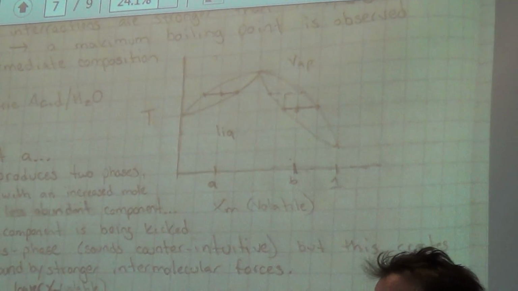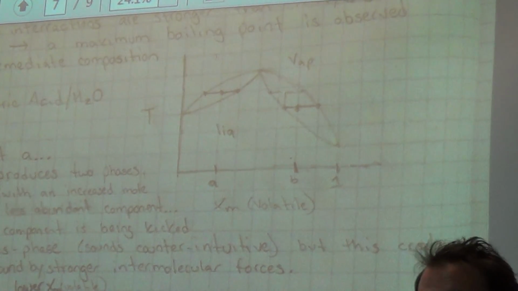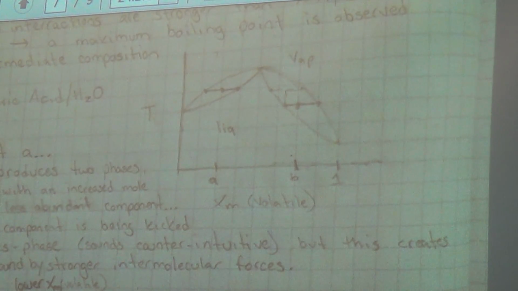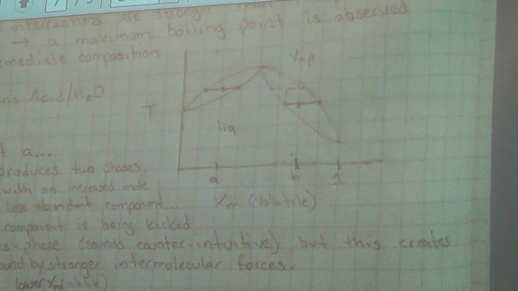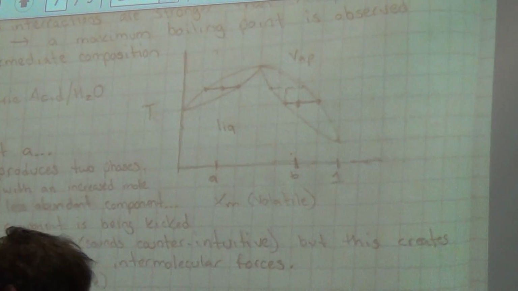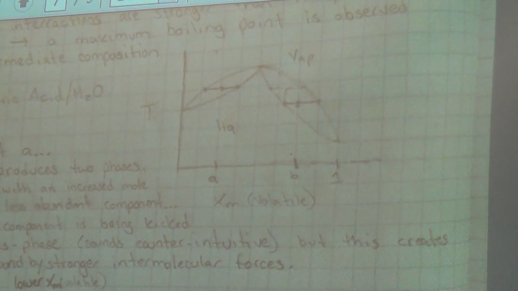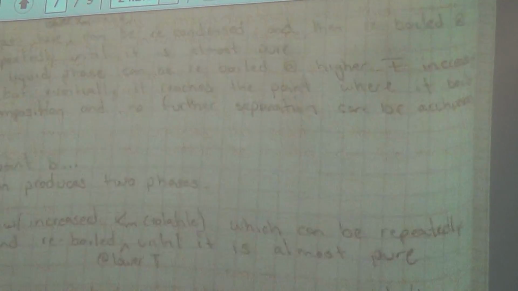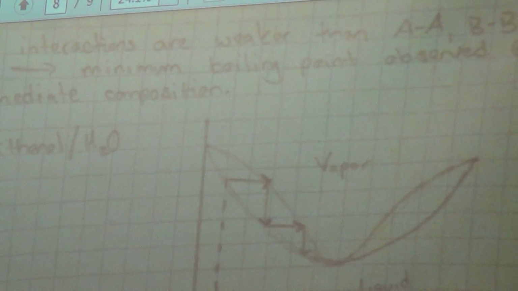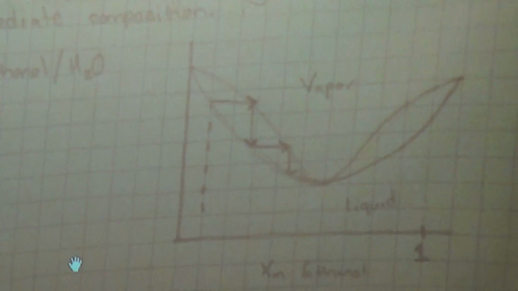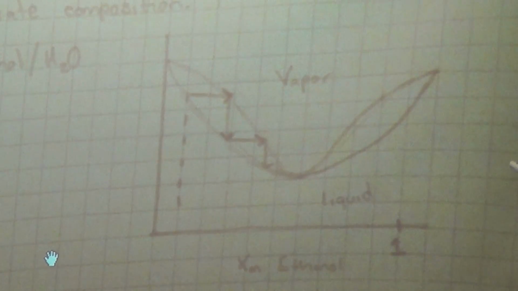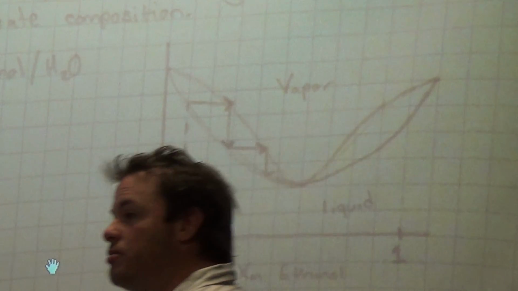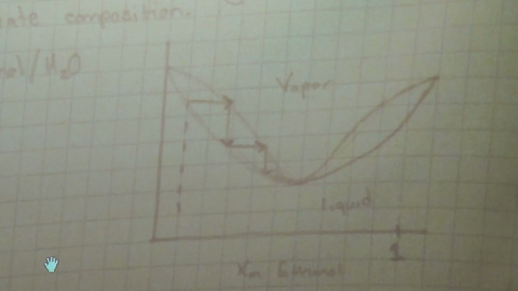And after repeated distillation steps, you get in the liquid behind your max boiling azeotrope, and in the gas phase you get something that can be made relatively pure. So that situation is the kind of, well, not this one here, but the one we just discussed, is the kind that nitric acid and water obey.